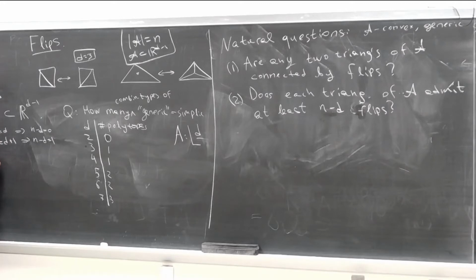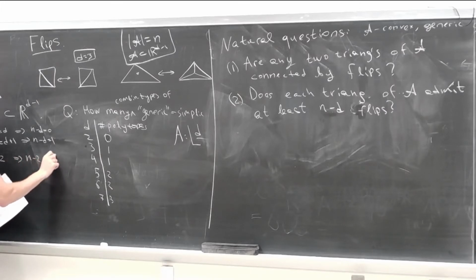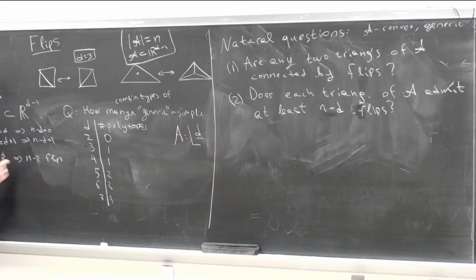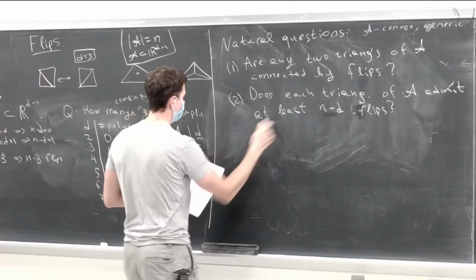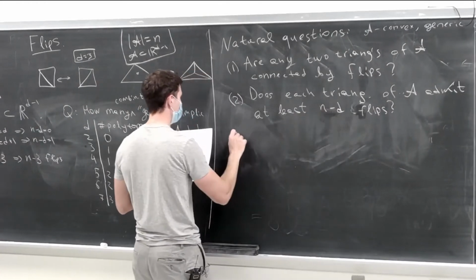And for a polygon, you sort of get n minus 2 flips corresponding to the diagonals, where n is the number of vertices of your polygon. Sorry, this is d equals 3, so your polygon lives in R to the d minus 1. I'm trying to convince you that this is the correct natural guess.